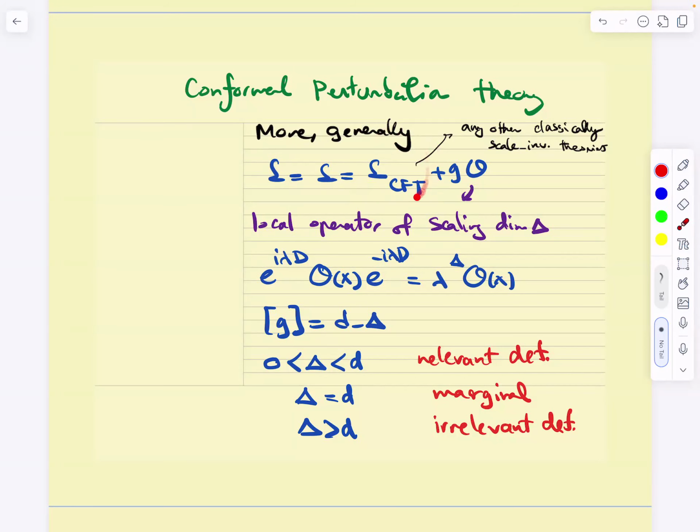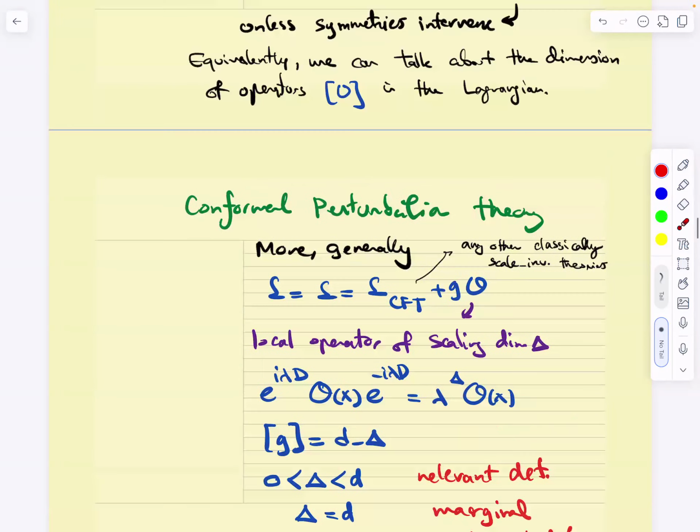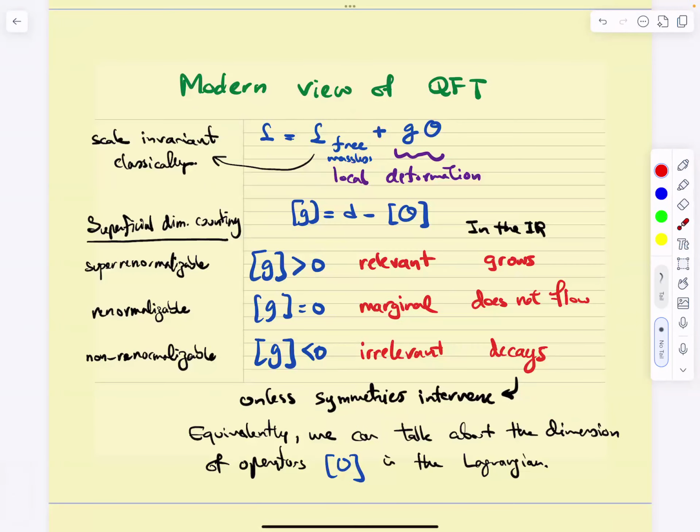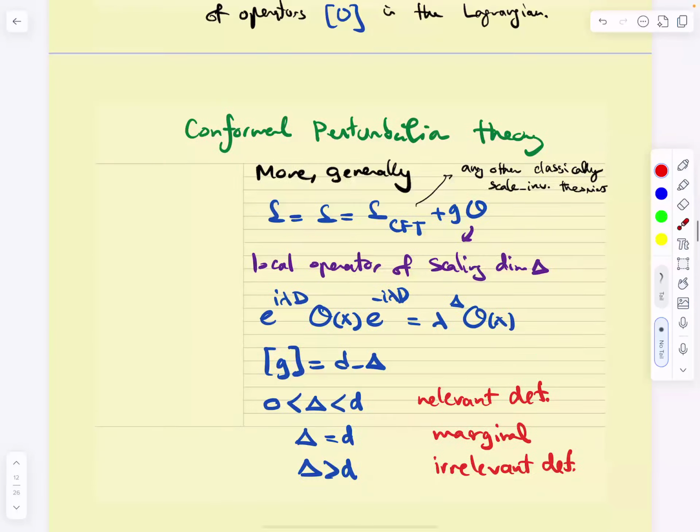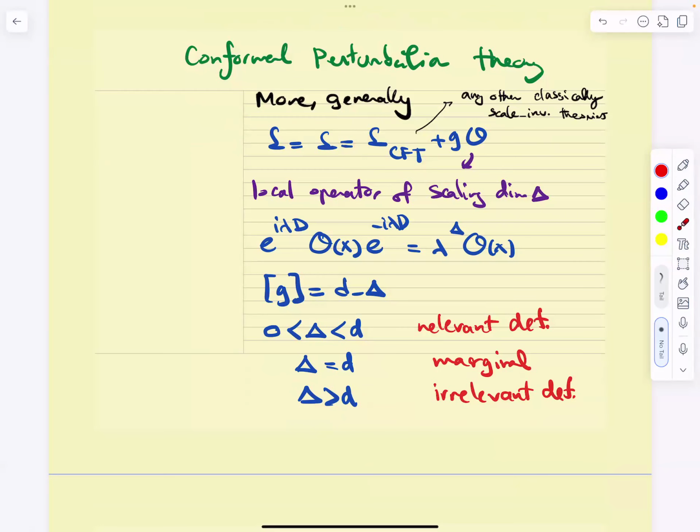Because all the data of this theory is fixed the same way that the data of this theory is fixed. Somehow we have a way of solving for it. This is the Gaussian theory. We've solved it exactly. Even the mass term is also Gaussian, but it doesn't matter. And for CFTs, the symmetry group is so large that we could build examples of non-free conformal field theories, and we know everything about those correlators, about their physics.